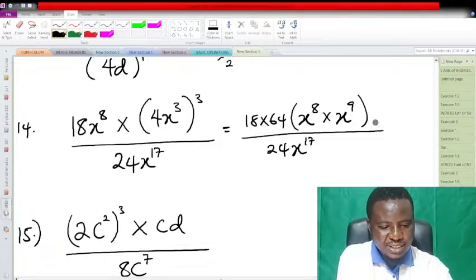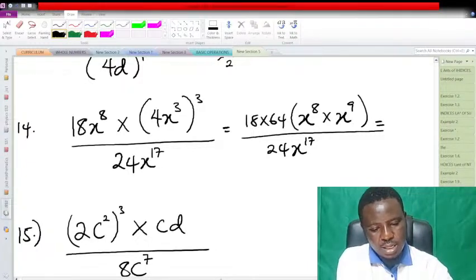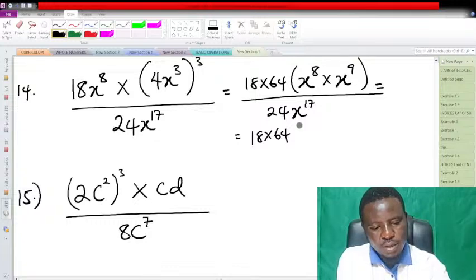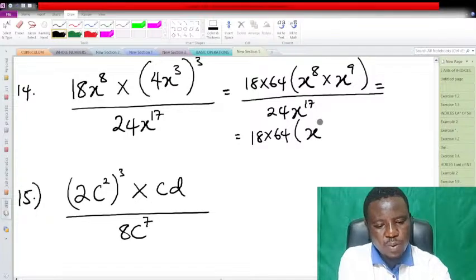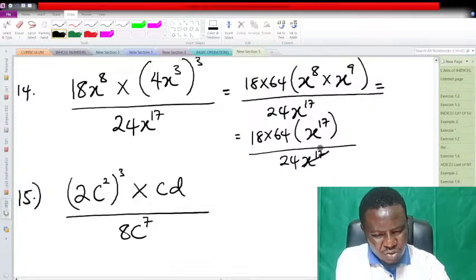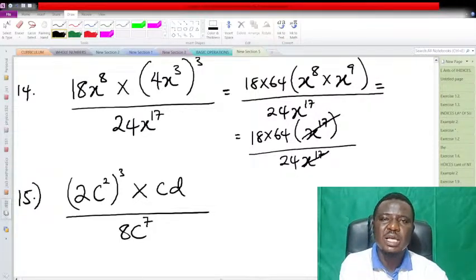So when you simplify this further, this is going to give us 18 times 64 into x raised to the power of 17, because 8 plus 9 is 17, divided by 24 x raised to the power of 17. This automatically becomes 0 because x raised to the power of 17 will cancel itself.